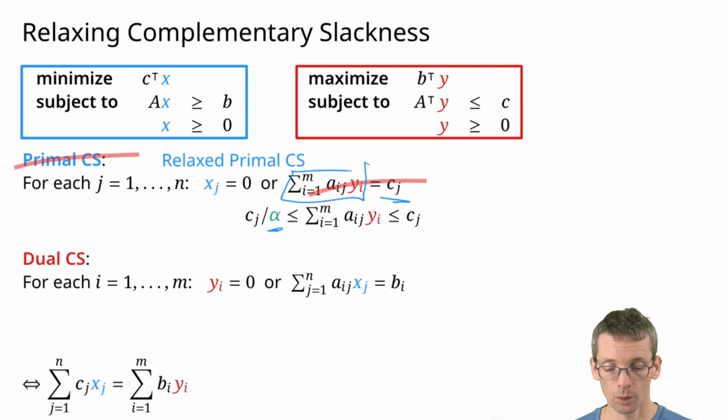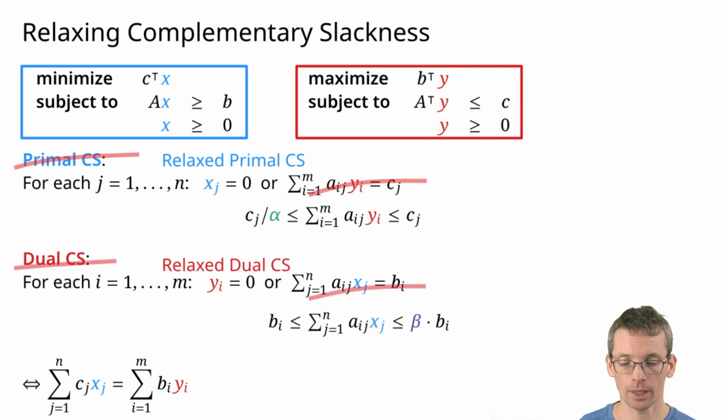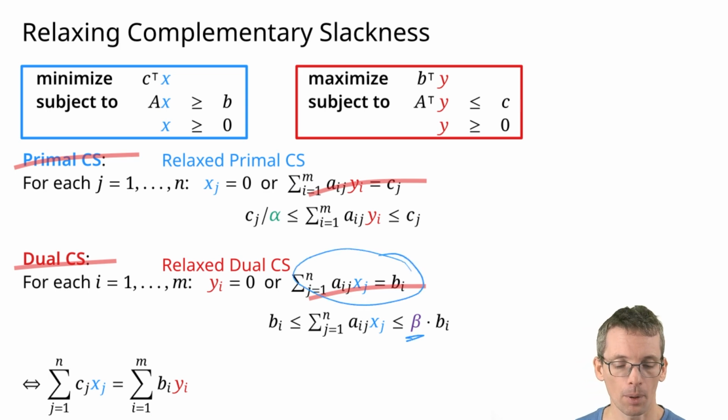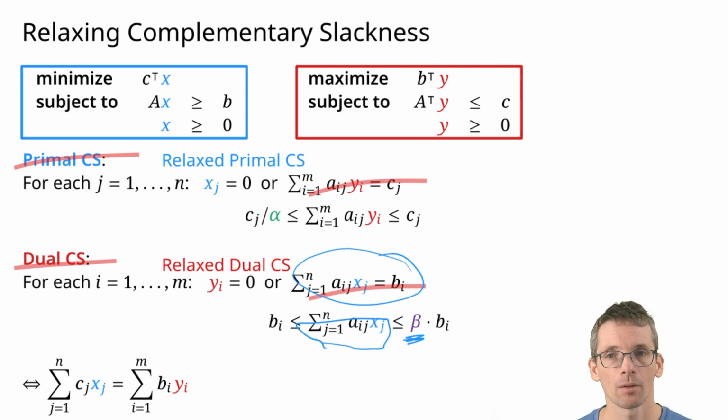And for the dual problem, this equates to the following. I have a factor beta, so I don't have to have equality here, but I allow myself that this sum of the aij xj can be up to a factor beta still larger than bi.